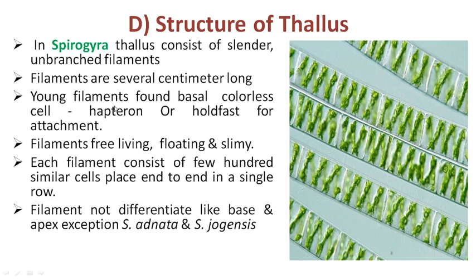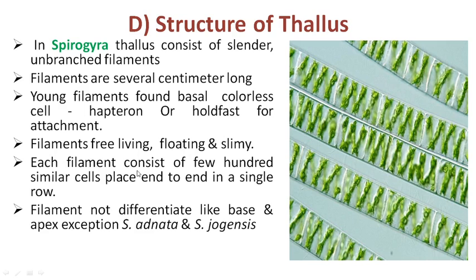Young filaments are found at the hapteron, or holdfast, and this holdfast helps in the attachment of those young filaments. Normally the filaments are free living, free floating and slimy.